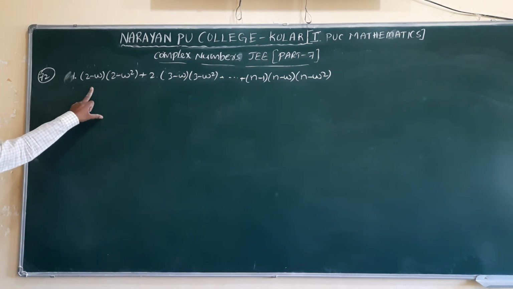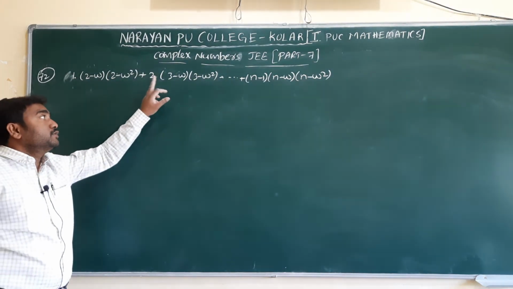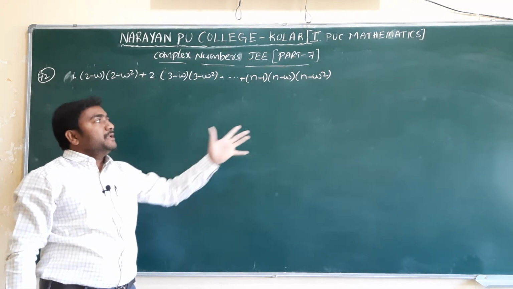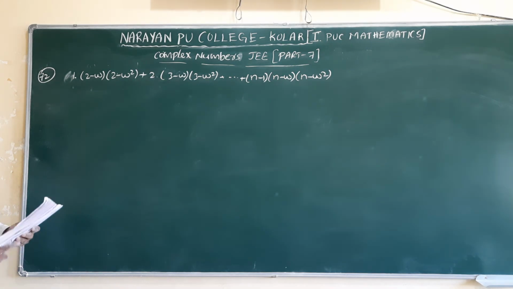So 1 into 2 minus omega into 2 minus omega square, plus 2 into 3 minus omega into 3 minus omega square, plus so on plus n minus 1 into n minus omega into n minus omega square.